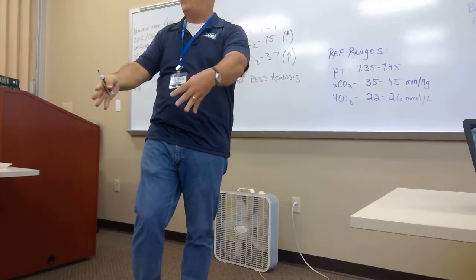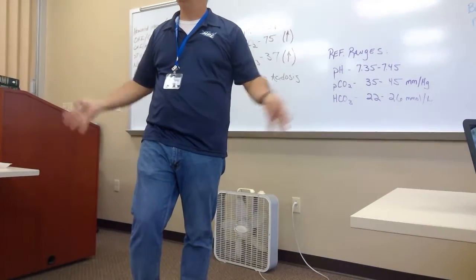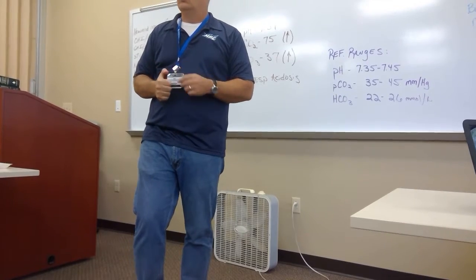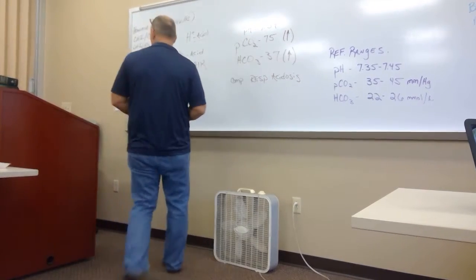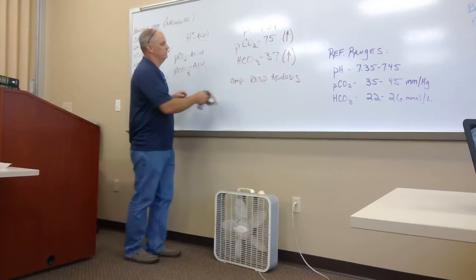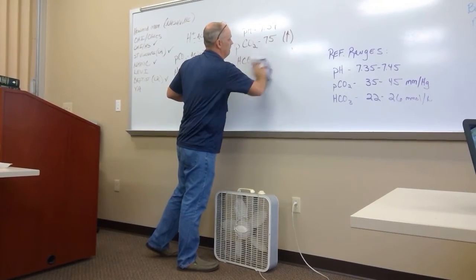You're going to void that out in urine, but you're going to reclaim the maximum amount of bicarb possible. Good. So it's A. All right, that's all I got. Thanks.